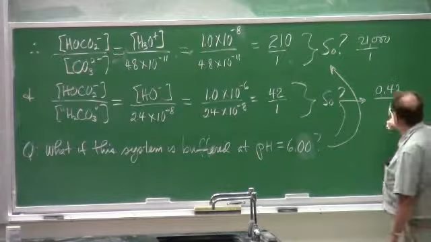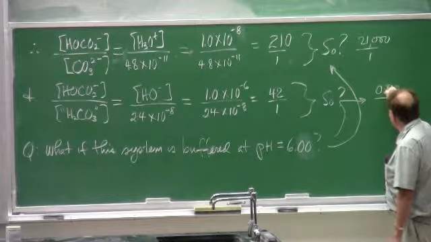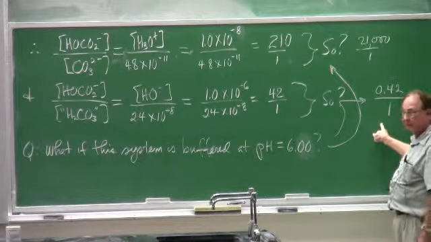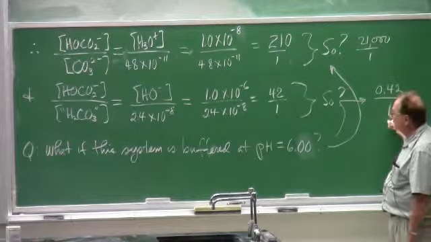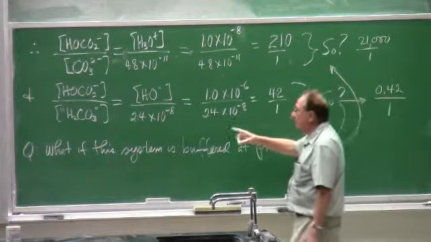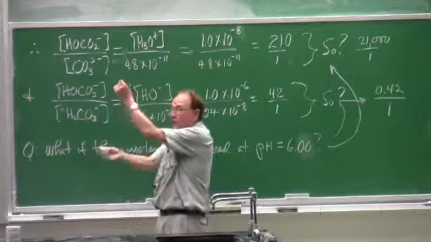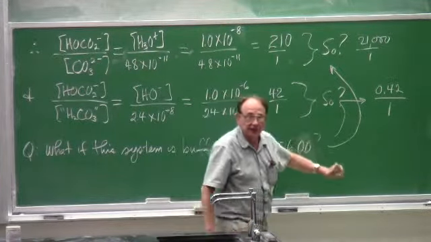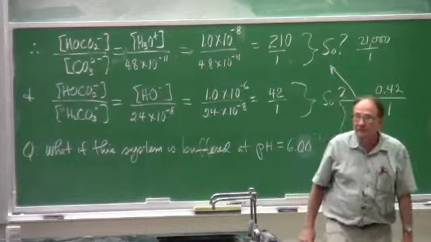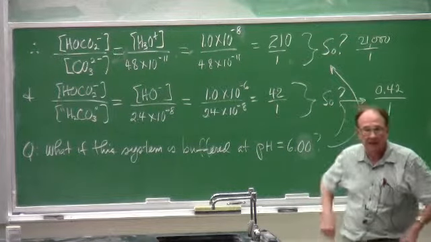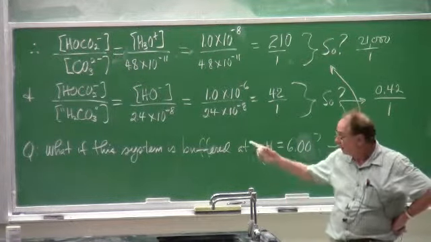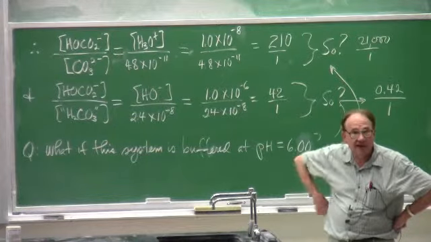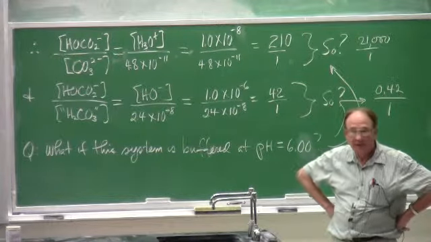And if I want this written with whole numbers, I'm going to take this expression and turn it over this way. Because what I've now shown is that at pH 6, what is the predominant form of carbonate containing things? It's hydrated CO2.